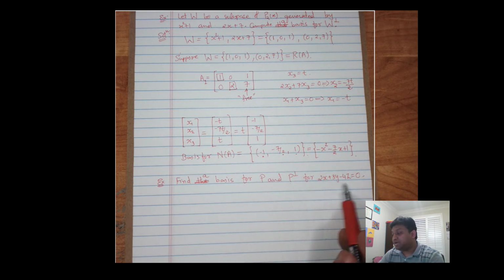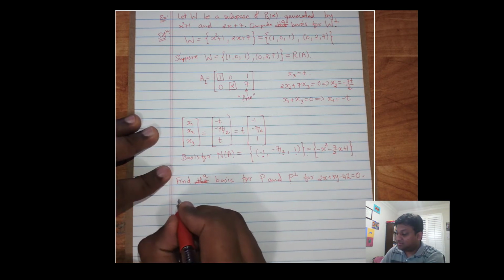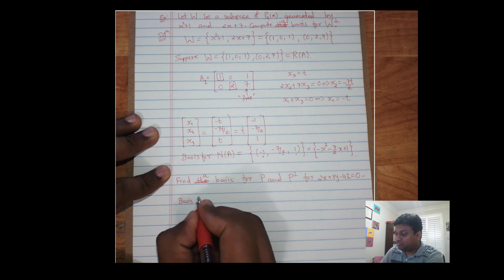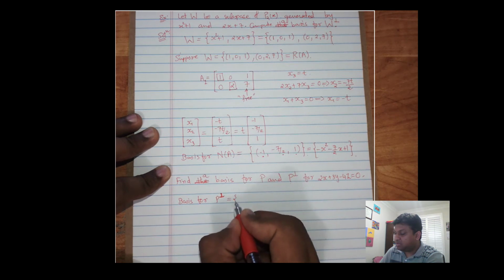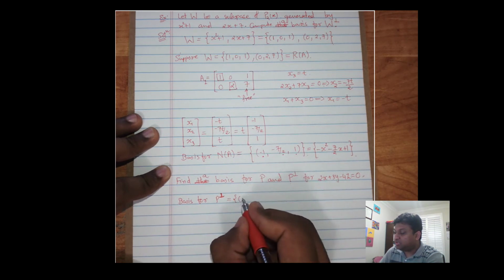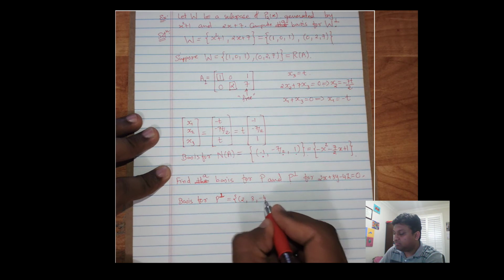I already showed you how to find a vector orthogonal to this plane, and that vector sits in the basis. So the basis for the orthogonal complement of P consists of that normal vector 2, 3, negative 4.